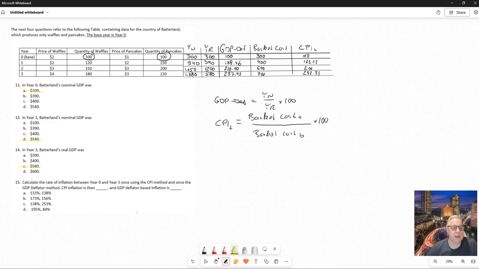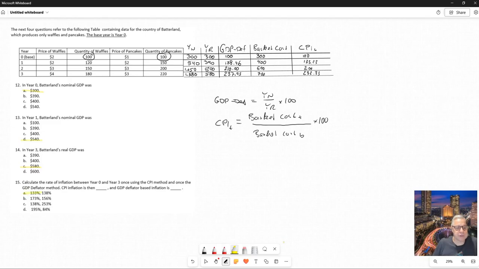Now calculate the rate of inflation between year 0 and year 3 once using the CPI method. CPI increased from 100 to 233, so that's 133%. And if you use the GDP deflator, it is an increase of 137, or rounded 138.